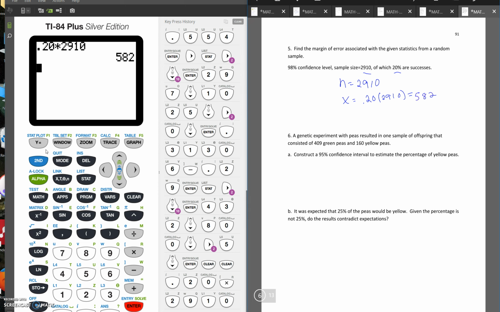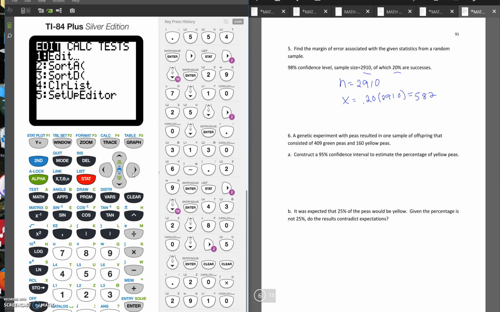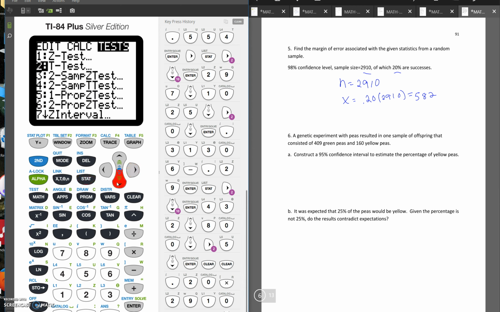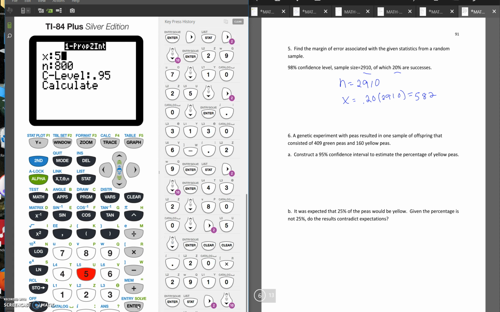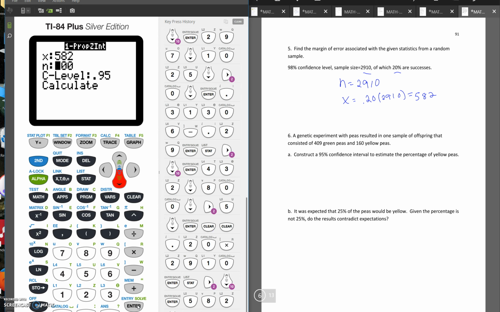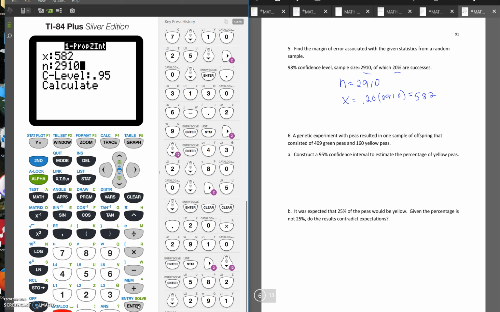We can now go to stat, over to tests, and to the one prop z interval. So we're going to put in our x, 582, our n, 2910. And then we wanted a confidence level of 98%, so we'll hit calculate.